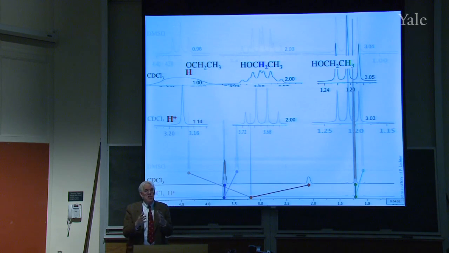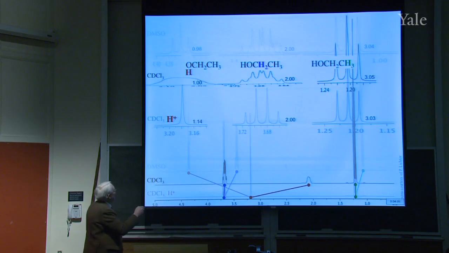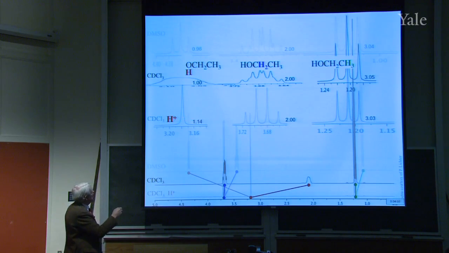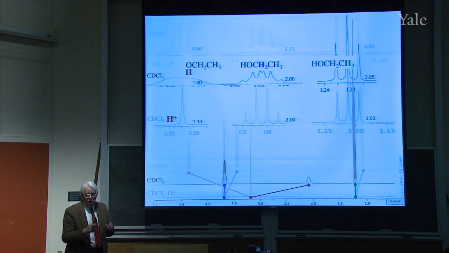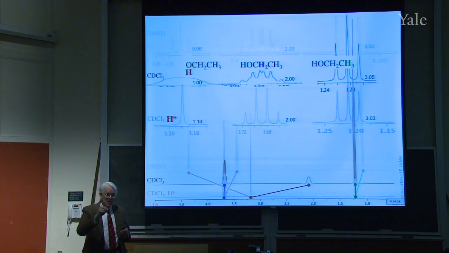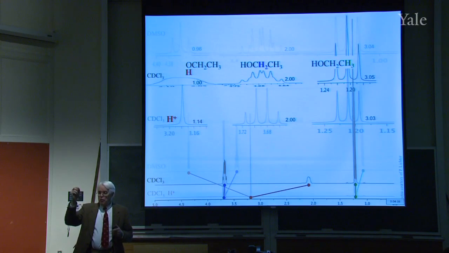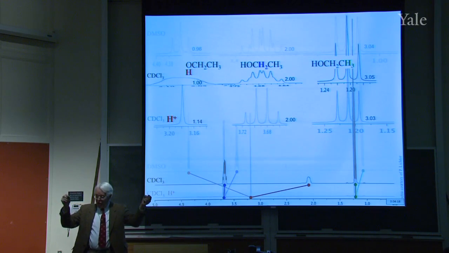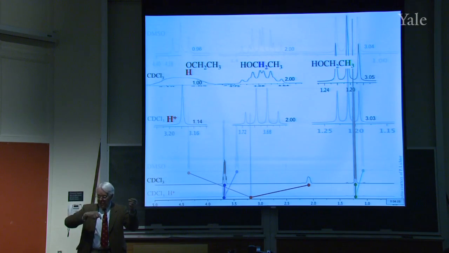And what you're seeing is the average of those in this case. So this is averaging. The H's are zipping around not only between acid and alcohol, but from one alcohol to another alcohol, by way of the acid.